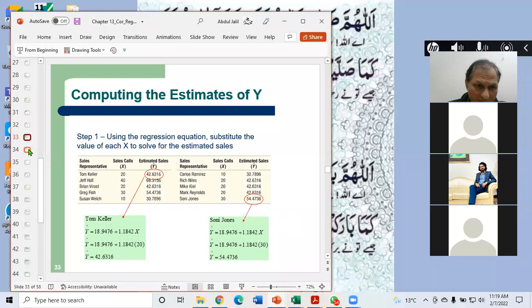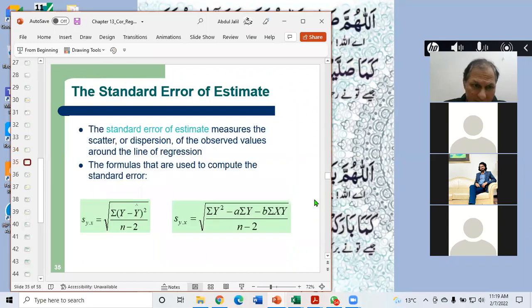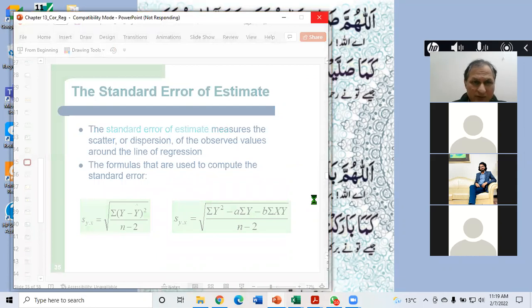So just moving forward. This is the previous model of calls and sales copy sold. So standard error of estimate can be calculated by using this formula.